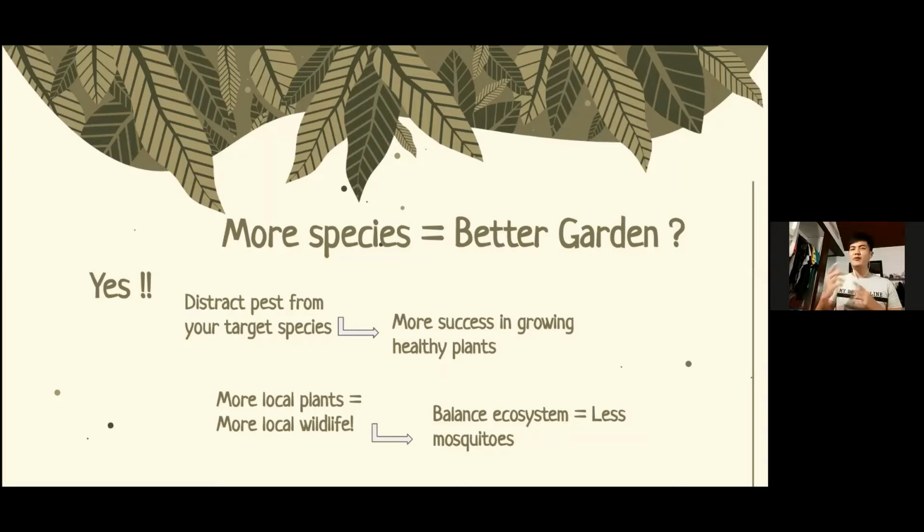A very easy way to look at how local wildlife can help you is when you have a balanced ecosystem. Let's say you have all the birds, mammals and insects interacting together, they will form their own predator and prey food chain that can help to regulate the population of each other.